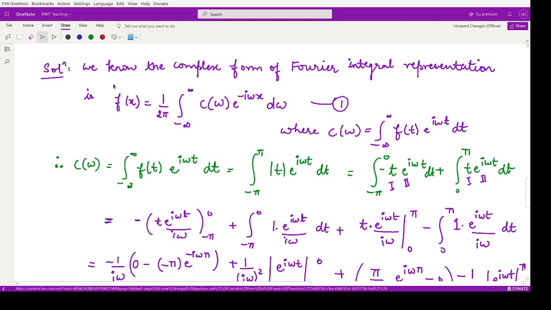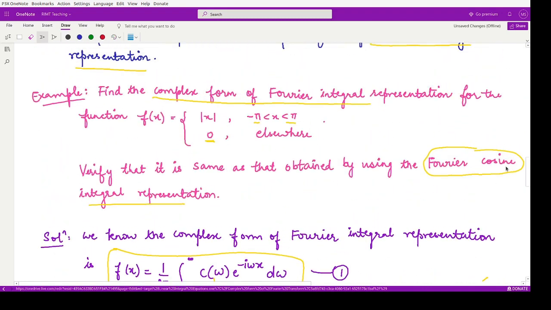The formula for this is this one, and the value of this coefficient is calculated through this formula. So firstly we will calculate what is c of omega. So c of omega becomes integration from minus infinity to infinity f of t e to the power iota omega t dt. So its value is defined in this interval from minus pi to pi, and otherwise it is 0.